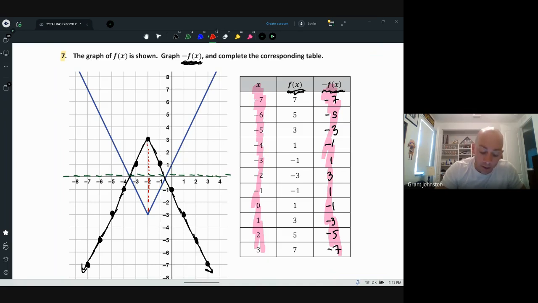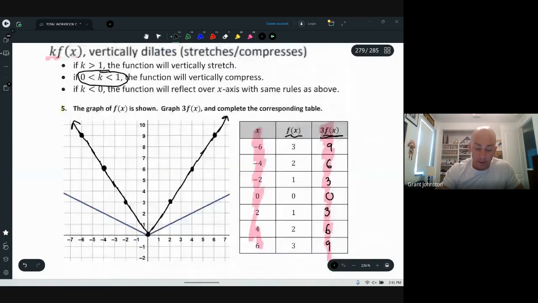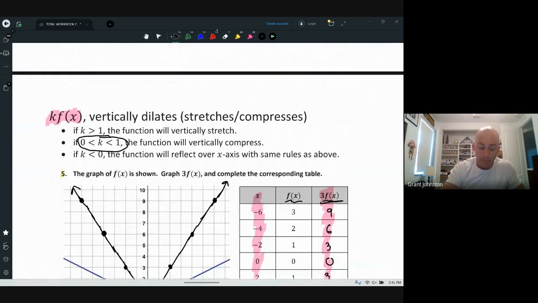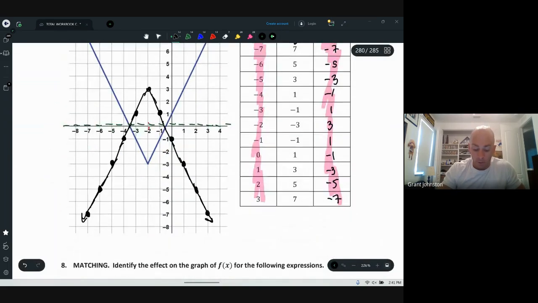So this reflects over the x-axis, okay? So when you have a negative, it's going to reflect over the x-axis. And I think that's in the notes here. So if k is less than 0, the function will reflect over the x-axis. So that's what it would look like.